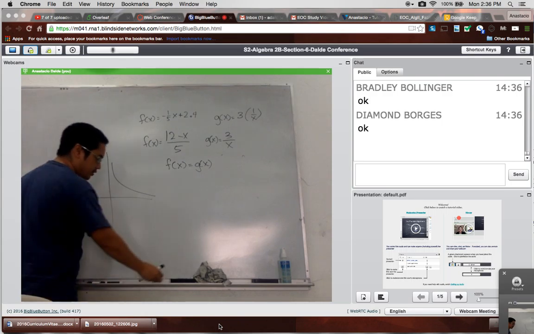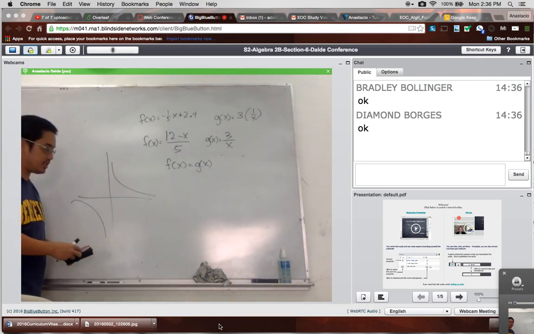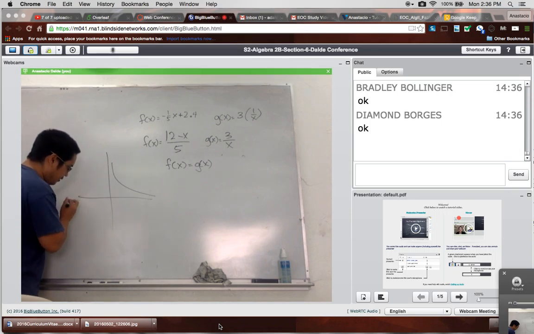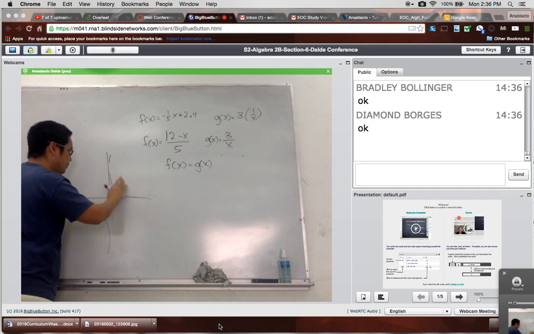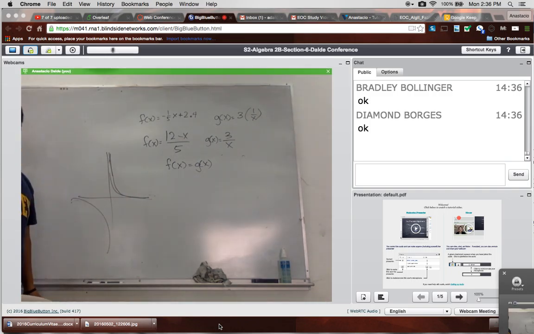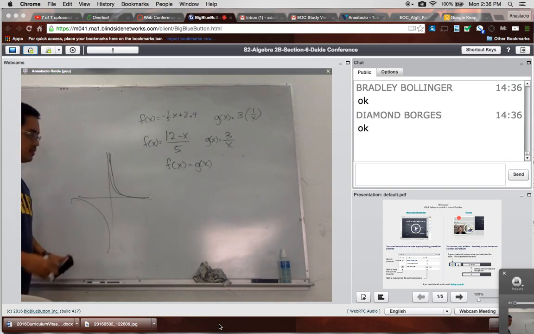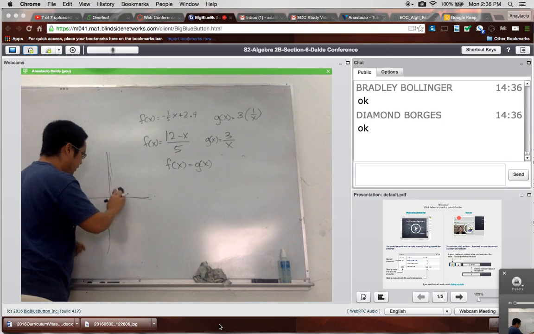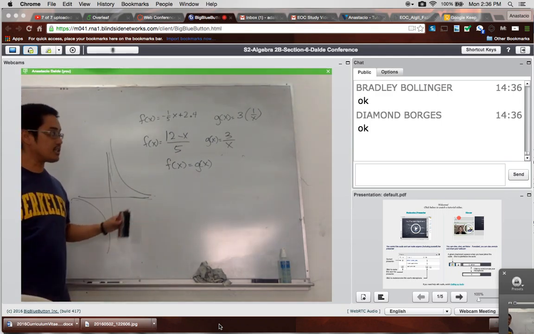And then I also know that a 3 out in front, that's my stretchy term, will make the graph look more extreme, like that. It will stretch it. It should be symmetrical, so I should probably fix this. Something like that. All right, so that's the graph of g.